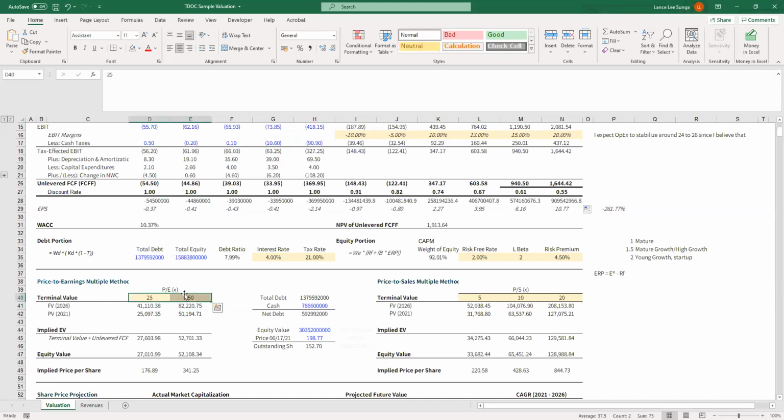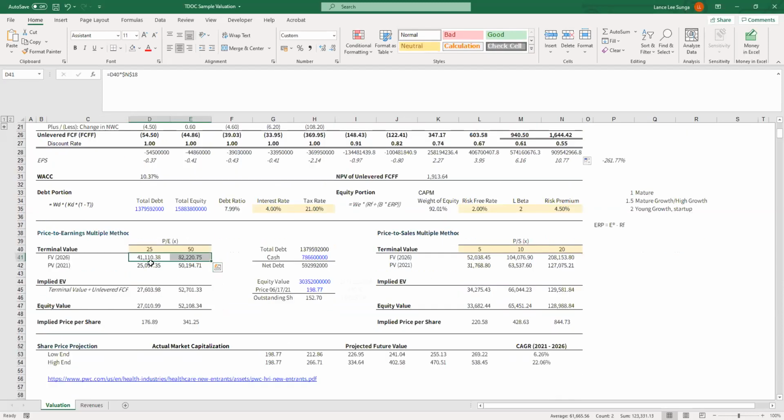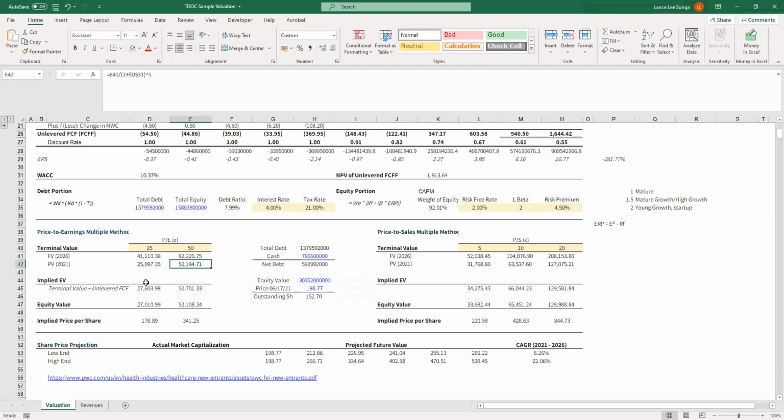I did two multiples just to give a range, so 25 and 50, to arrive at a future value. Then I discounted this terminal value with the WACC, so I arrived at a present value of 25 billion and 50 billion.